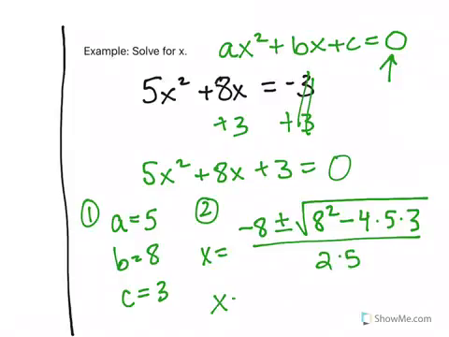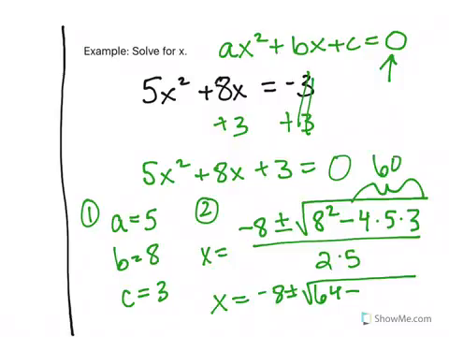So we can simplify this to negative 8 plus or minus the square root of 8 squared is 64 minus 4 times 5 is 20 times 3 is 60. So minus 60, all divided by 2 times 5, which is 10. All right, so let's simplify this.